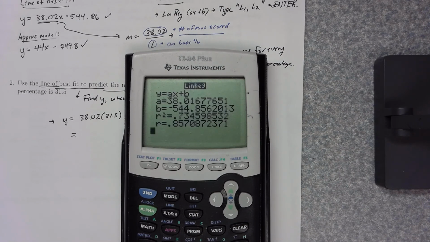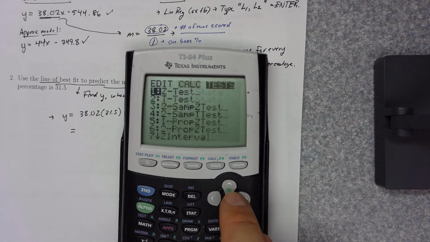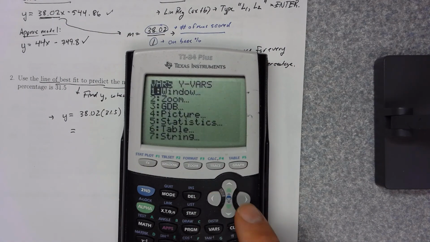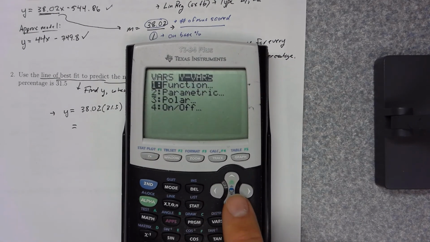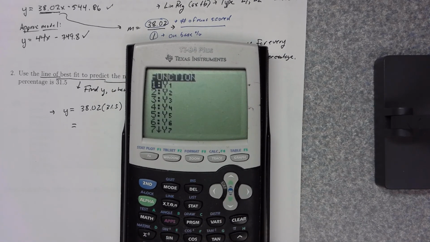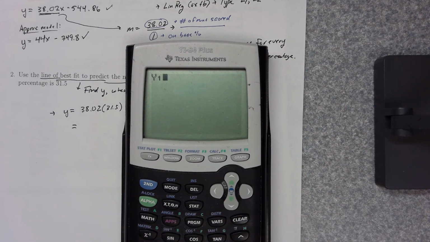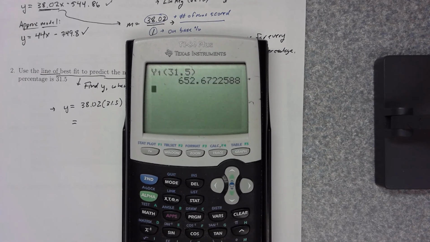If you go to var function, you could type y1, and then use the parentheses for the input as 31.5. Now I'll give you the value evaluated, which is 652.67.